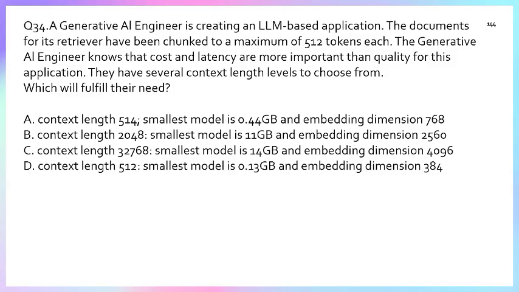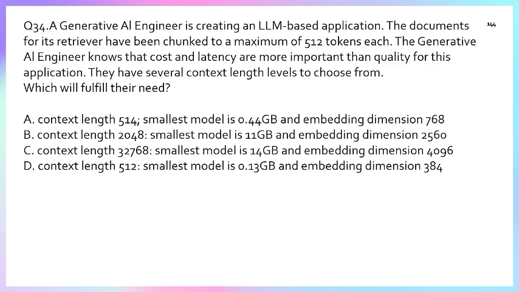So option A, context length 514. The context length is just enough to handle the 512 tokens, and the model size and embedding size are relatively small. So this option aligns with the stated goal, right? Option B has a context length much larger than needed, 2048.